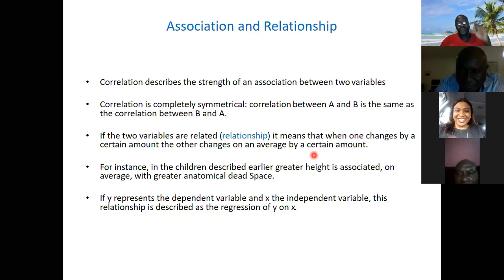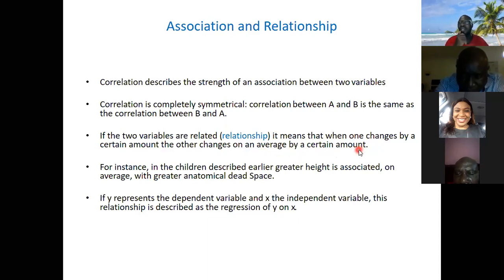Now, we are trying to differentiate association and relationship. Correlation looks at the strength of association. But if two variables are related, that is, there's a relationship, it means that when one changes by a certain amount, the other changes on average by a certain amount.